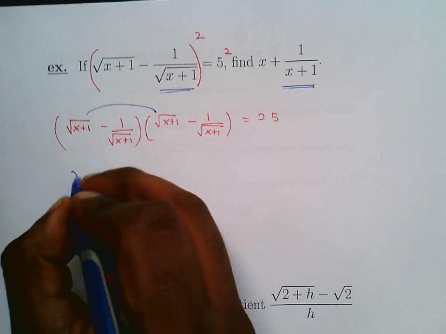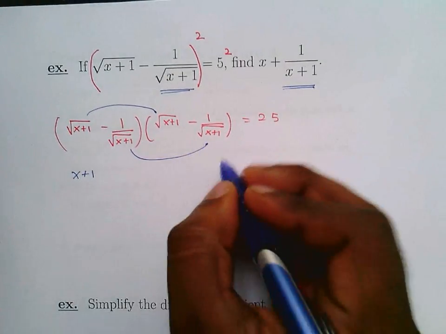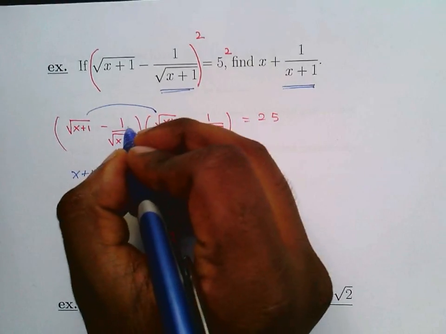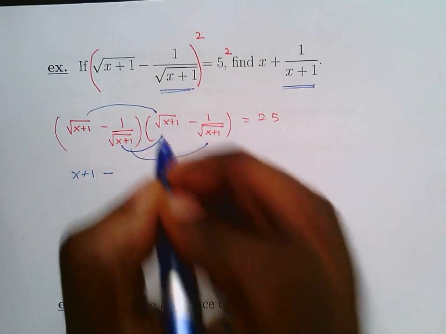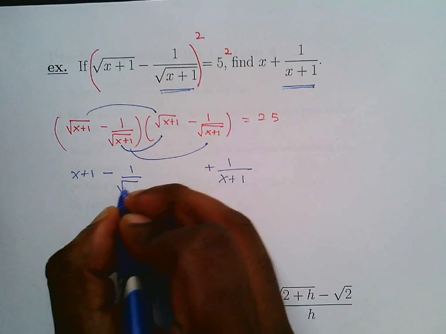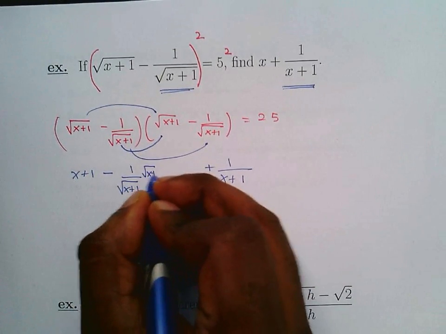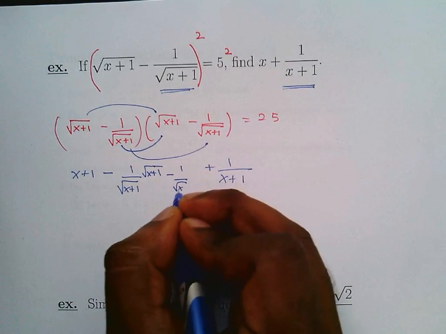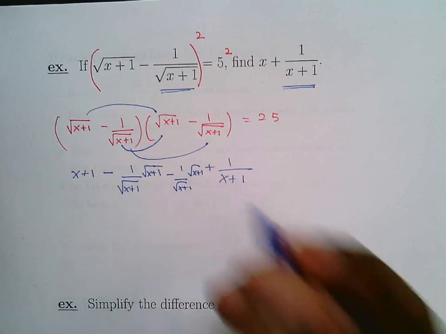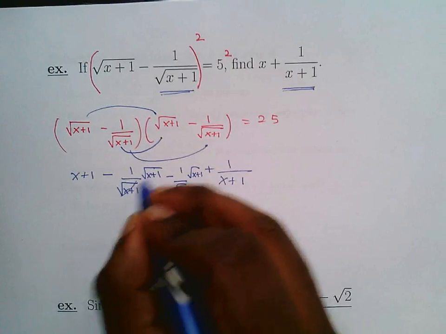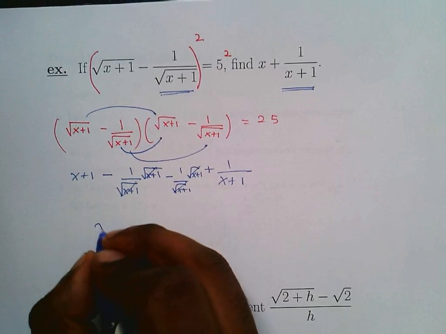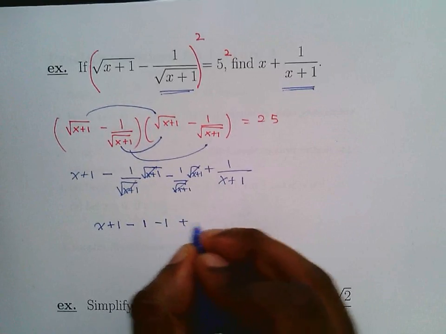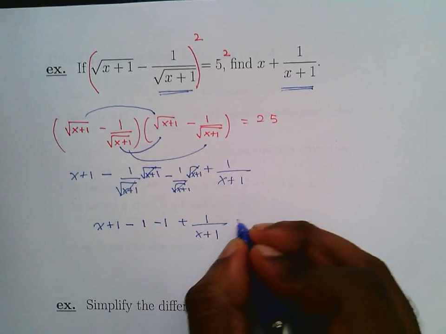And these two, just x plus 1, these two plus 1 over x plus 1, and then minus this times this would be just, let me write this down, and then minus, and you can see that these two cancel off. So what you have here is x plus 1 minus 1 minus 1 plus 1 over x plus 1 is equal to 25.